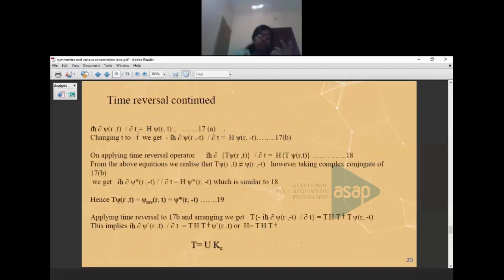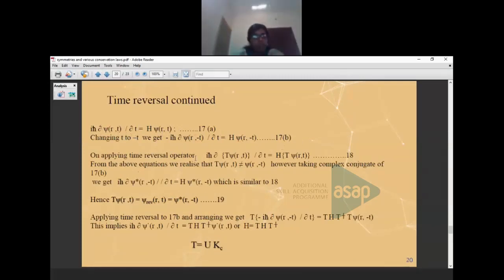Let us take the Schrodinger equation: i h bar dou psi by dou t is equal to H psi. Now substitute minus t instead of t. So we write minus i h bar dou psi by dou t is equal to H psi of minus t.